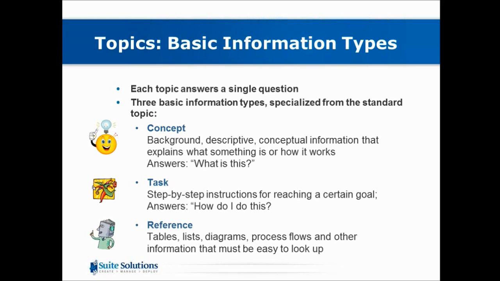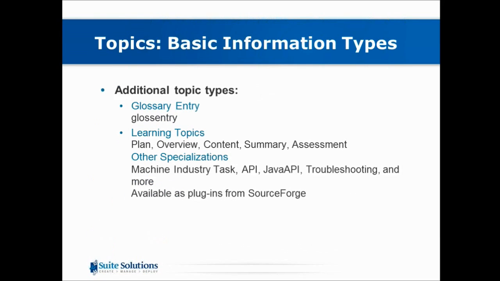And a reference topic is some type of information that might be easy to look up, some kind of accessory information that might not be necessary to be part of the task or the concept, but someone might want to look that up and get additional information.